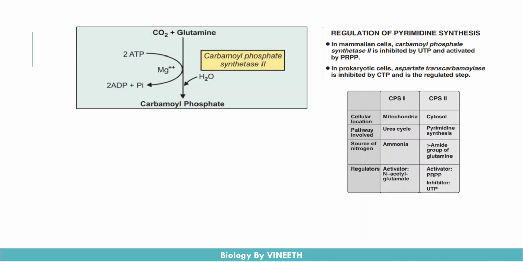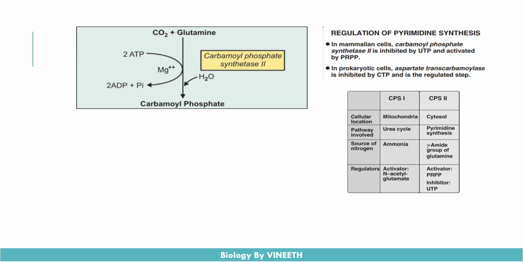This reaction also involves ATP and a divalent cation, magnesium ion, in the conversion of carbon dioxide and glutamine to carbamyl phosphate. This reaction is carried out by the enzyme CPS2, carbamyl phosphate synthase 2, which combines the nitrogen and the carbon dioxide.